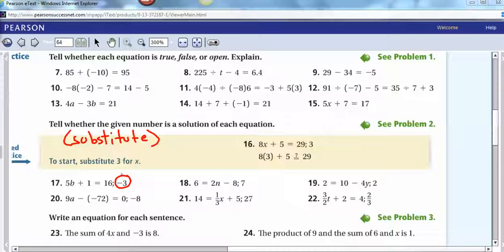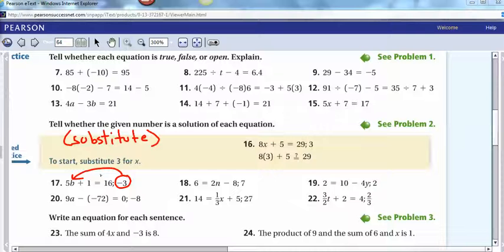Substitute it where? In for B. And see if the equation is true. If the equation is true, is it a solution? Yes. If the equation is not true, then it's not a solution.